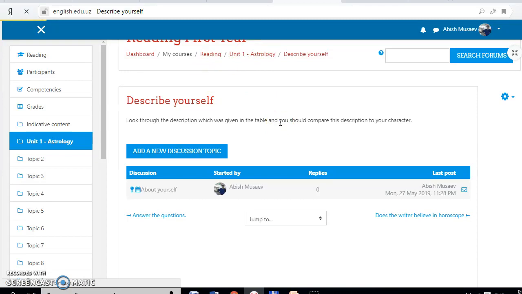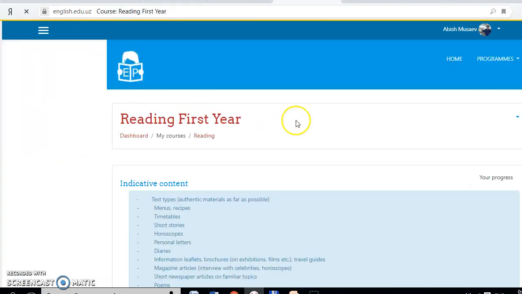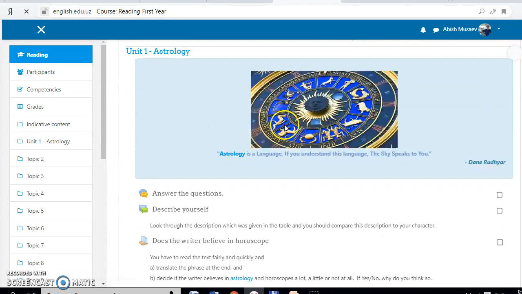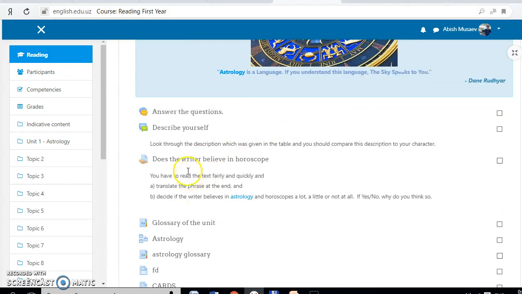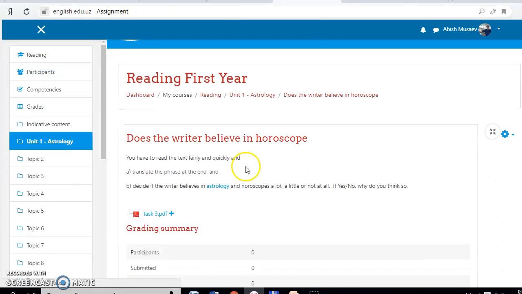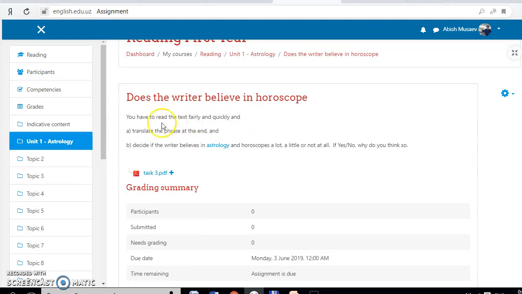And the last activity I want to show is: does the writer believe in horoscope? Here the task is given: you have to read the text fairly and quickly, translate the phrases which are used in this text, and decide if the writer believes in horoscope.